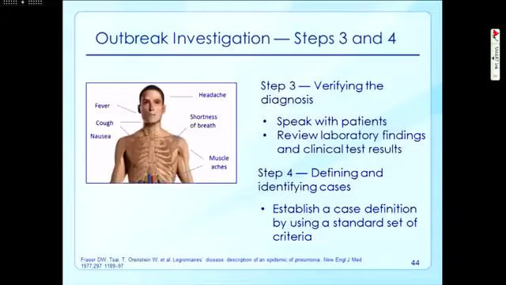The third is information about the location or place. Where are the affected persons located, or where have they been? The fourth aspect is specifications of time during which the illness onset occurred. What date or time did persons first become ill, and what was the duration of the symptoms?